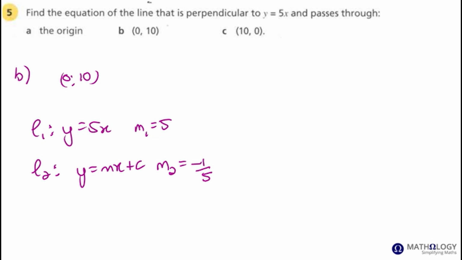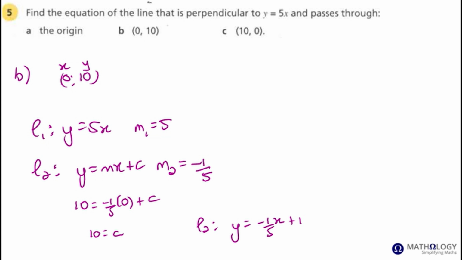The point 0, 10 lies on line 2. So x is 0 and y is 10. So 10 equals minus a fifth times 0 plus c. 10 equals 0 plus c, so c equals 10. Therefore, line 2 is y equals minus a fifth x plus 10.